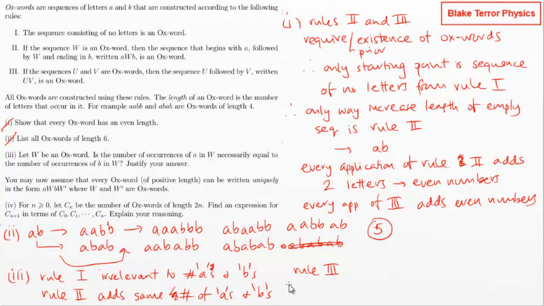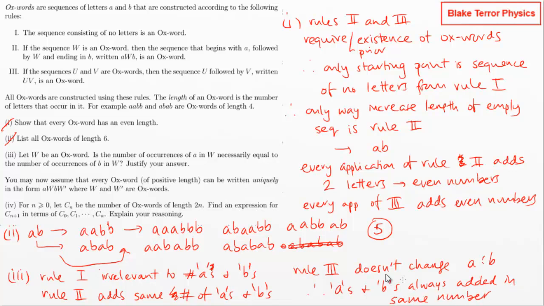Rule 3, that's where we're just adding them together, so that doesn't change the ratio of A to B. So therefore, A's and B's are always added in the same number, so we always get the same number of A's and B's. So yeah, that one was fine.